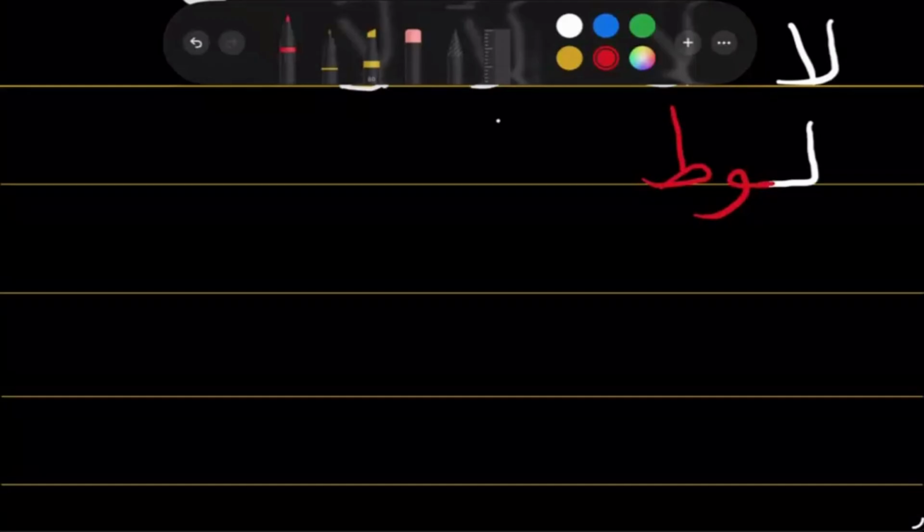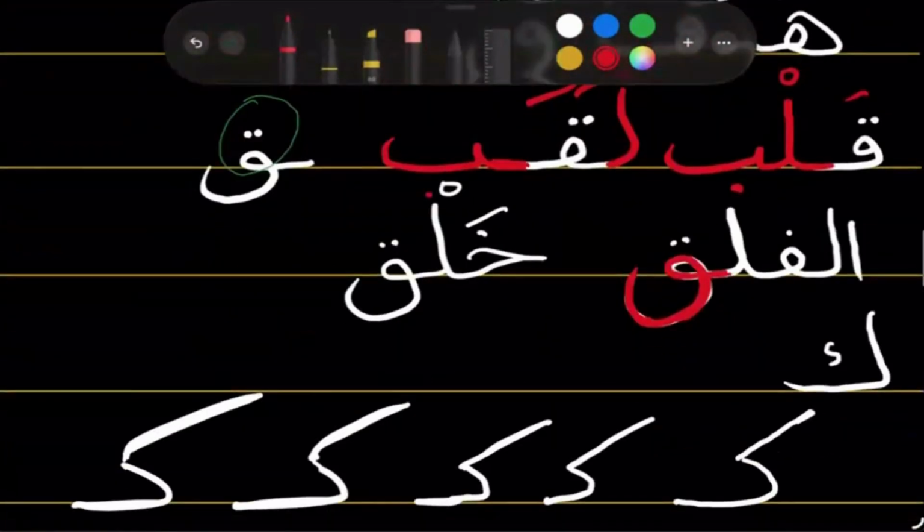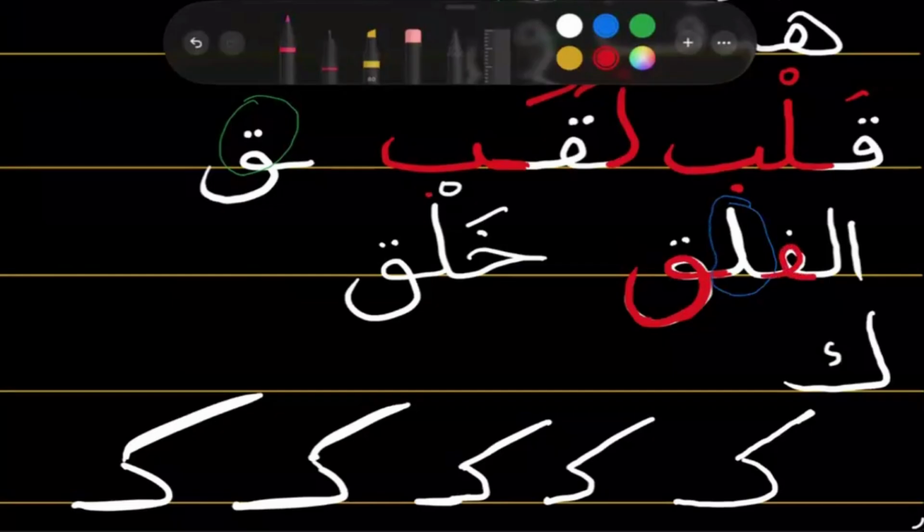Okay, so easy. And in the middle, we saw Al Falaq. It's up here. Here, Al Falaq. See that lamb there? So the lamb is in white, connecting to what's before it and what's after it. And there's even another lamb right there.